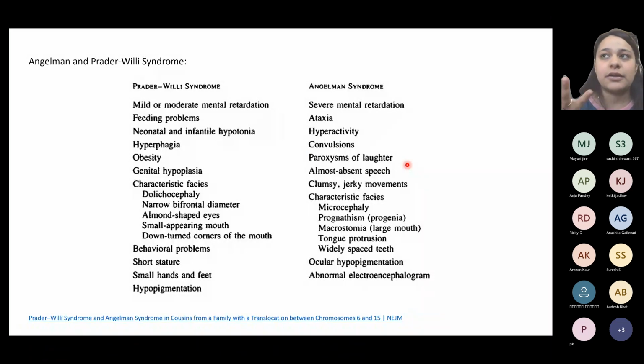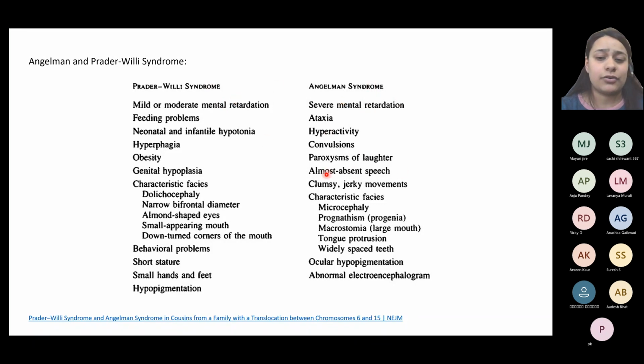So they appear very angel-like. That is why the name Angelman syndrome. On the contrary, you can remember the children who are a little grumpy and who do not have these paroxysms of laughter as the Prader-Willi syndrome children.